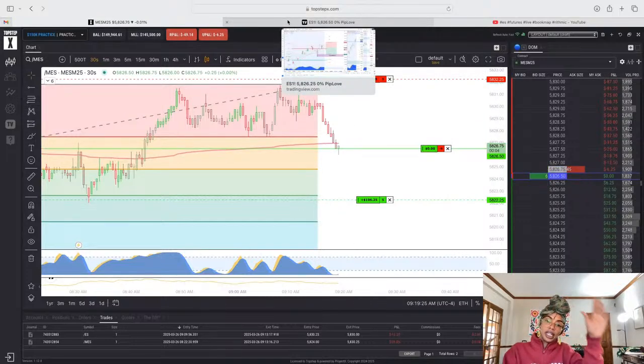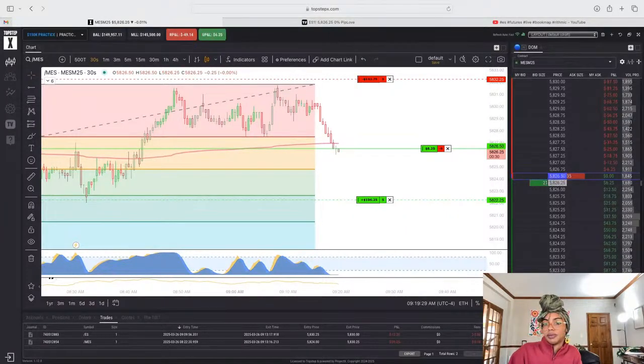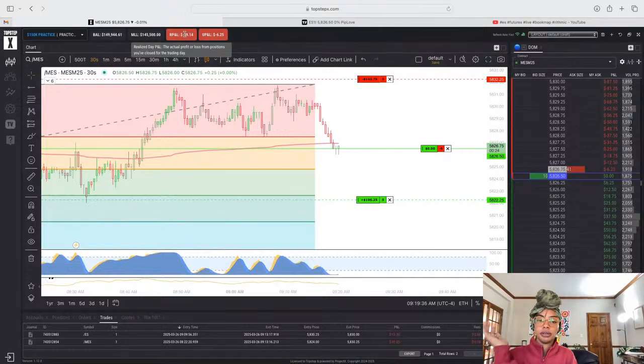We did a whole top-down analysis. We went to the higher time frames, looked at our support and resistance, marked that up, and we went down and looked at the trend. We put a fib on our chart because we saw that there was a little bit of resistance.